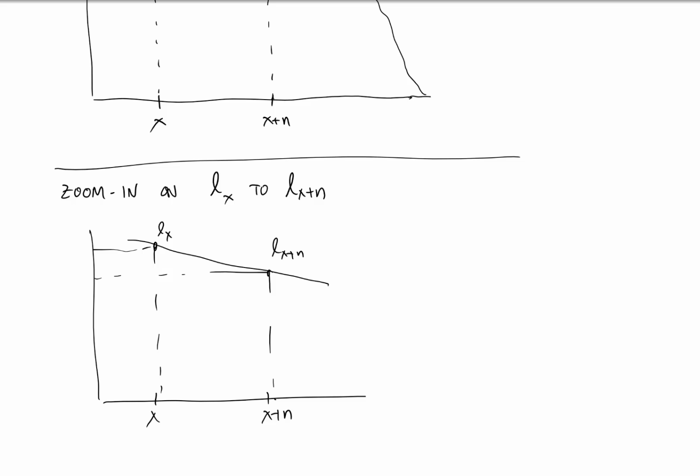We have the survivors at age x, and survivors at age x plus n. That means that this distance must be the deaths occurring between age x and x plus n.